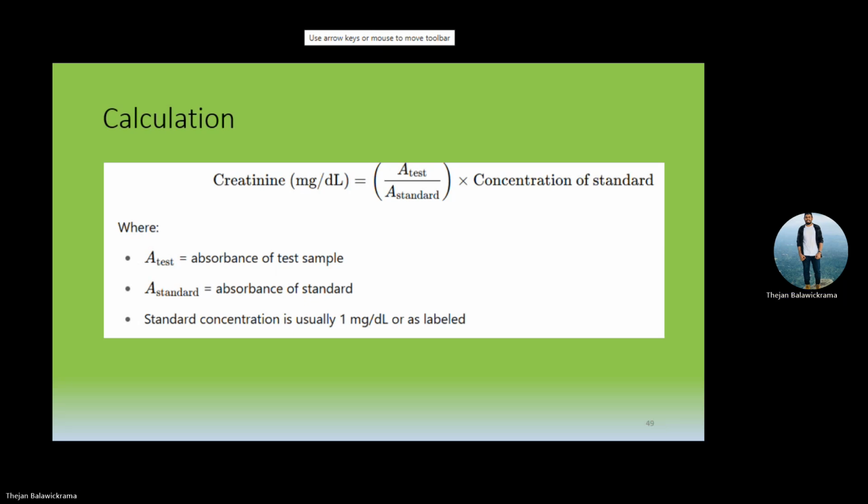This is how we do the calculation, and the final answer comes in milligrams per deciliter. The patient sample's absorbance value is divided by the standard solution's absorbance value, multiplied by the concentration of the standard solution. Then we get the final answer.